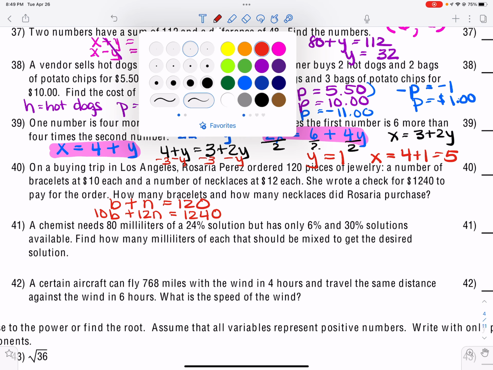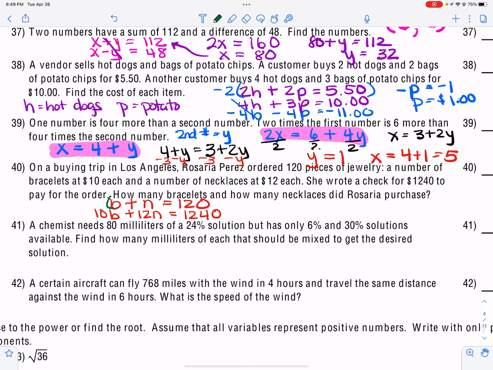And so I would multiply this top equation by -10 so that I get -10b minus 10n is equal to -1200. And then I've got positive 10b plus 12n is equal to 1240.